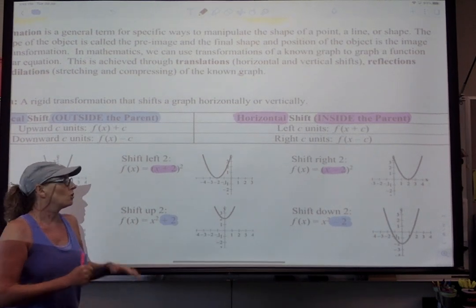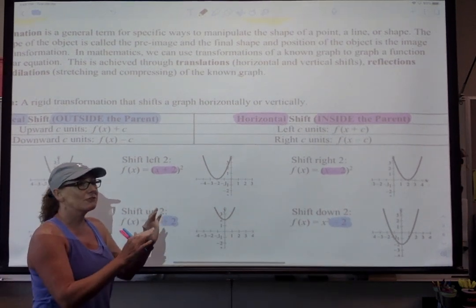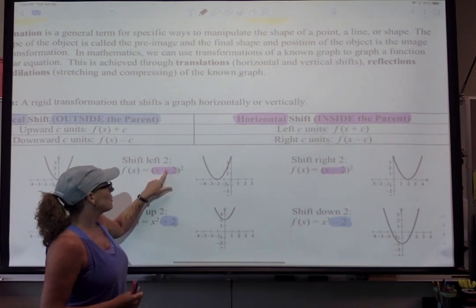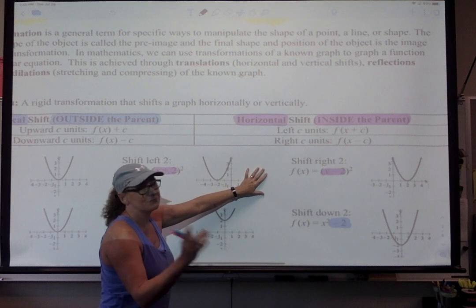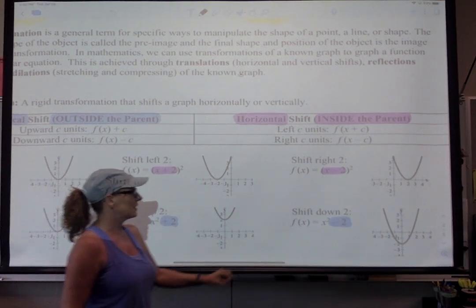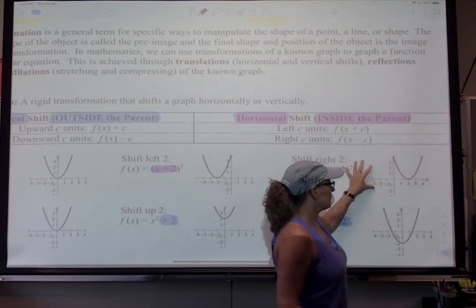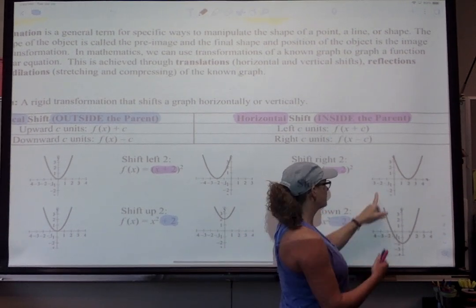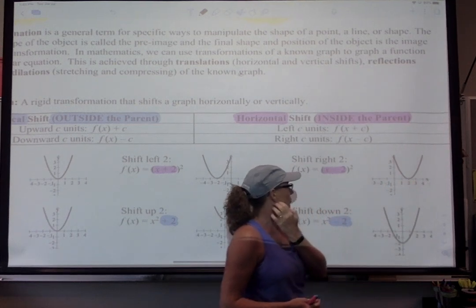But that's not true. For a horizontal transformation, everything is backwards from what you would think. So here you would think that it would go right 2. Tricked you, it goes left 2. Backwards from what you would think. This one you would think would go left 2. No. Every horizontal transformation is backwards from what you would think. So it's going to go right 2.